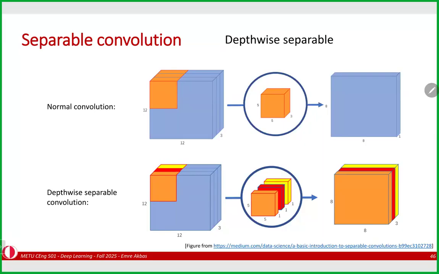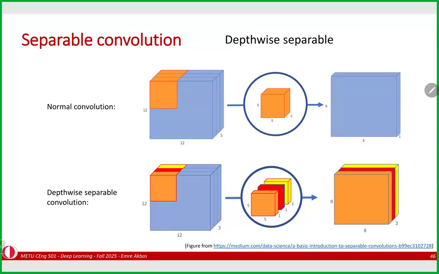In depth-wise separable convolution, each channel is processed by a different kernel, okay? So we no longer have this kind of filter, but we have one-channel filters per channel, and then they give this corresponding output.